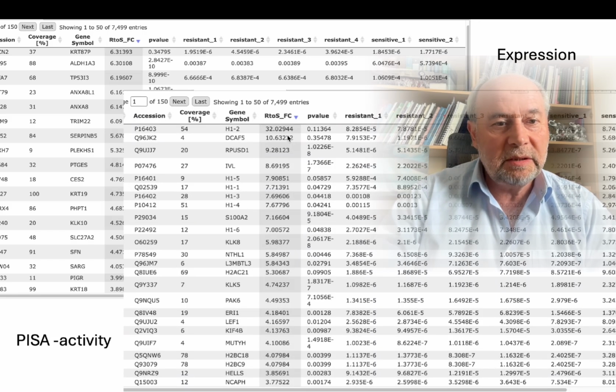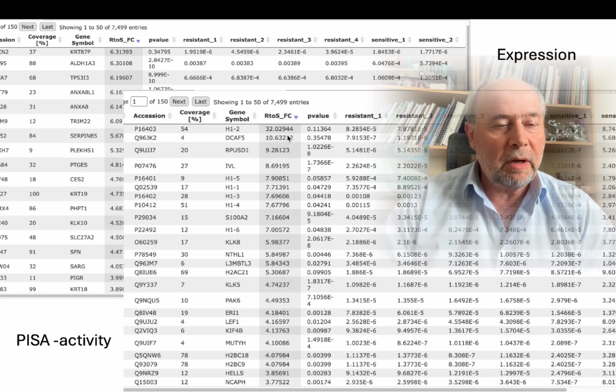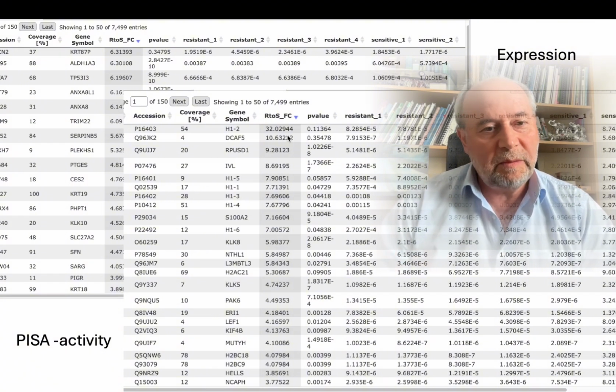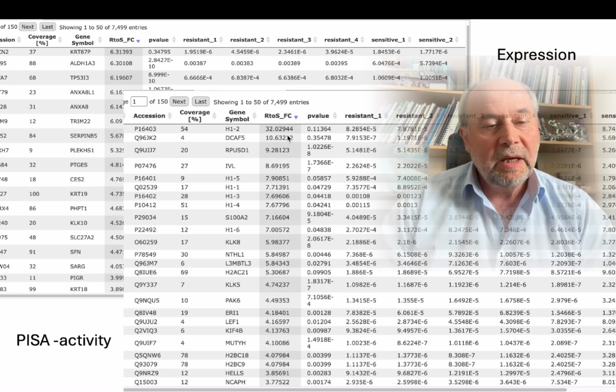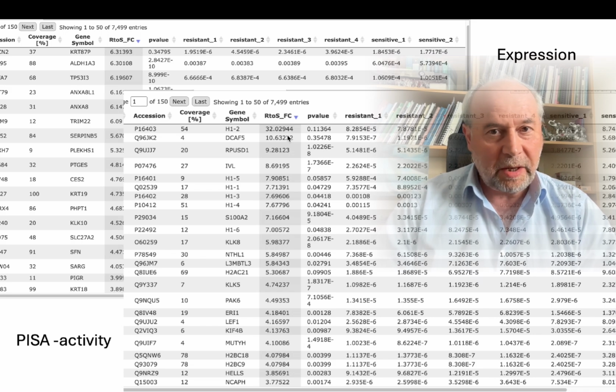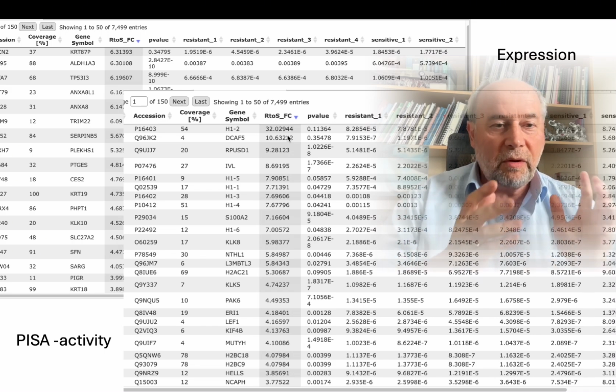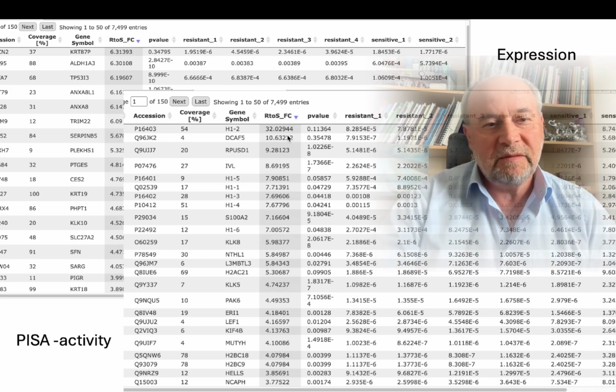There's another method called PISA, which evaluates not just expression of the proteins, but more like the activity of proteins. So these two measurements were important for our experiment. And there you have it done for resistant cell lines and for sensitive cell lines.